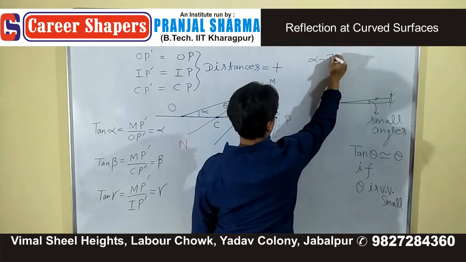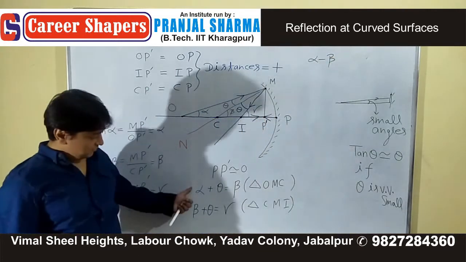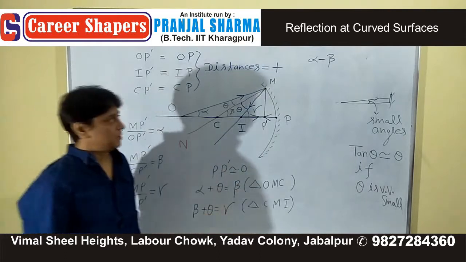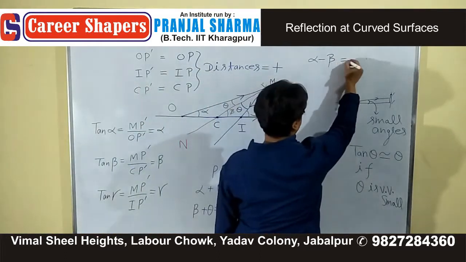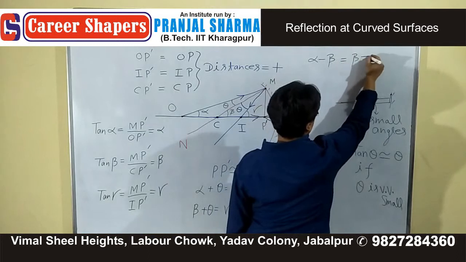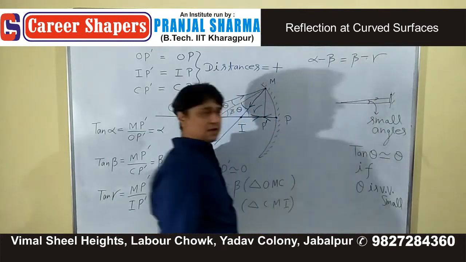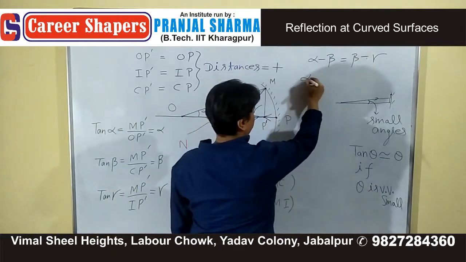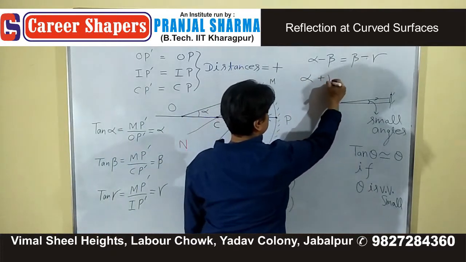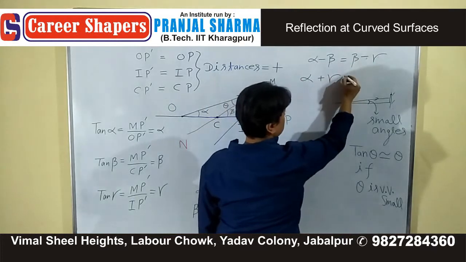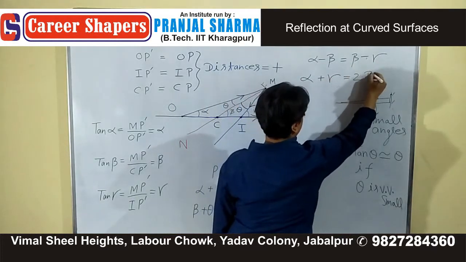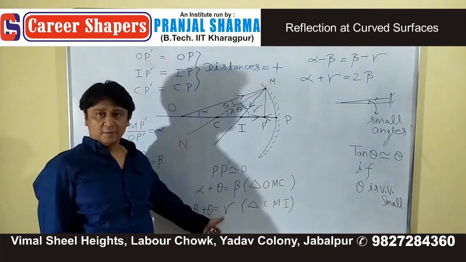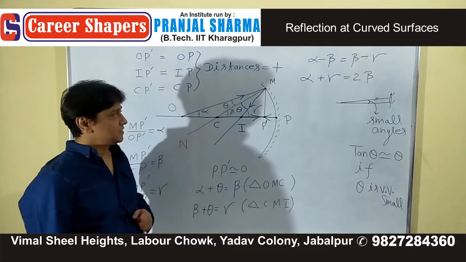Alpha minus beta is beta minus gamma, which is alpha plus gamma equals 2 beta. Alpha, gamma and beta, we have related these things.